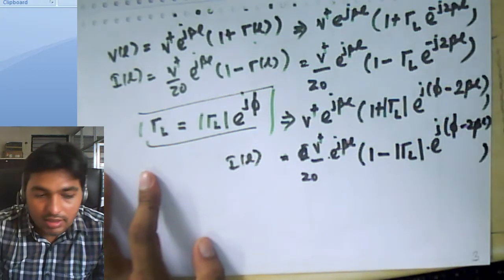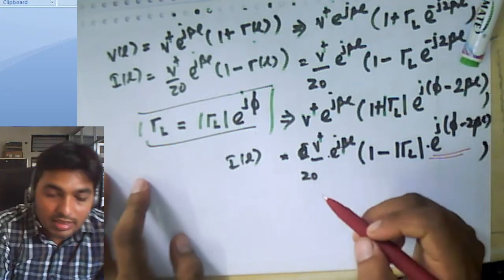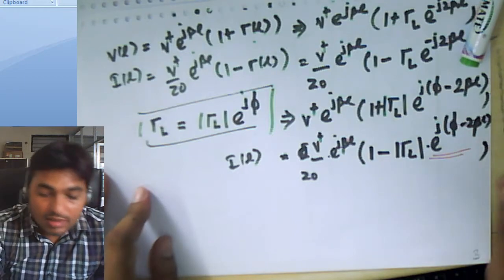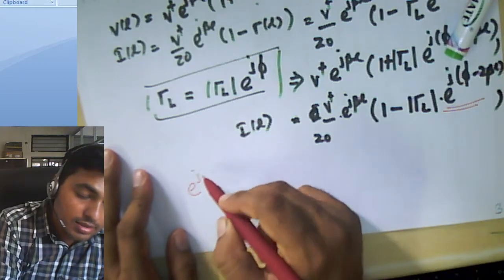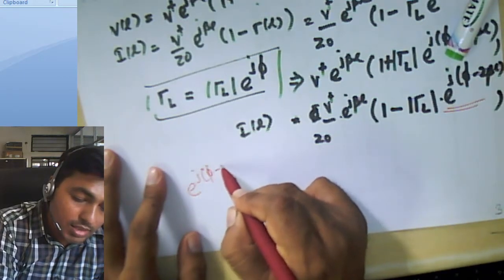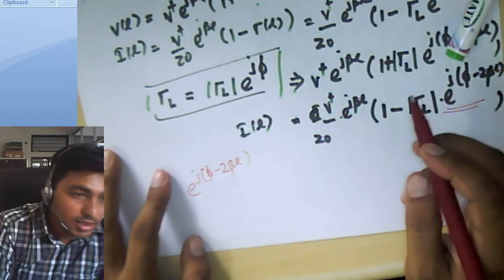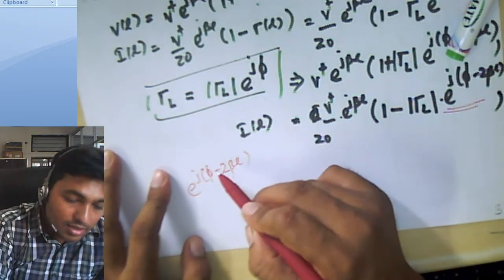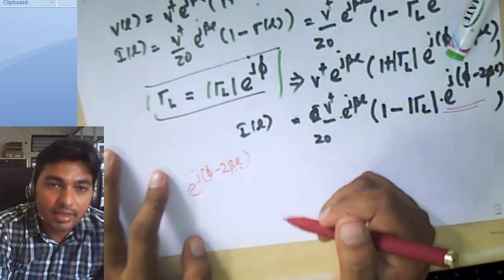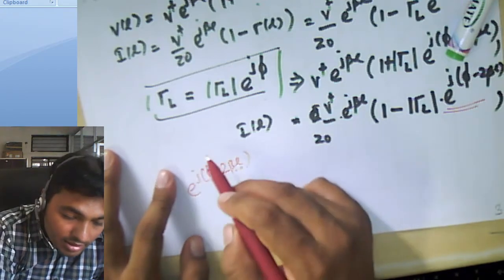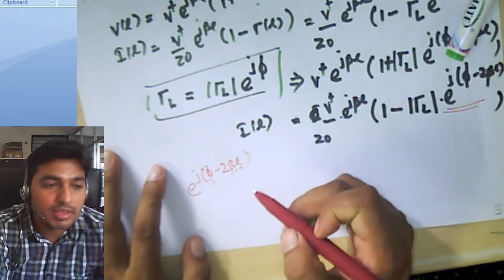Now it can be seen that at each and every point this quantity, e^(j(φ − 2βL)), where L represents the length and β represents the phase constant, represents a phase, that is, φ − 2βL represents a phase.